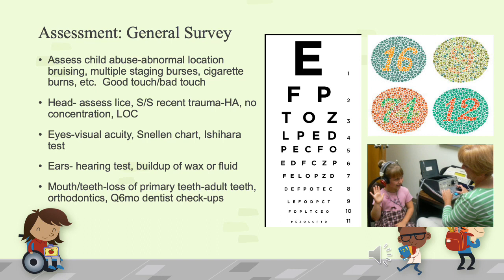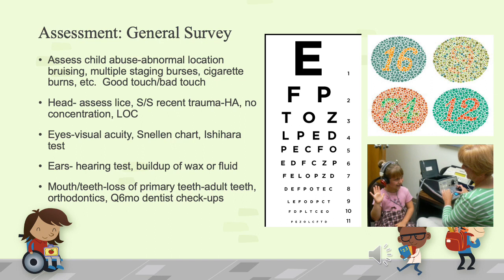So you would assess for any abnormal bruising, both location and different stages of bruising, any cigarette burns or anything, or when the story doesn't seem to match up to the clinical findings that you have in front of you. In addition to this, the good touch, bad touch talk should be going on to identify and prevent, hopefully, any sexual abuse.